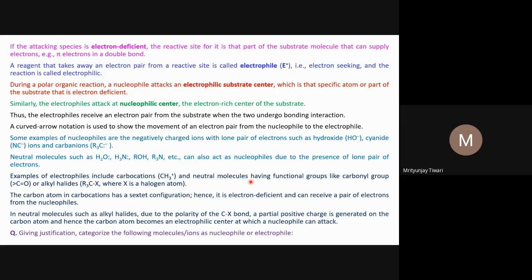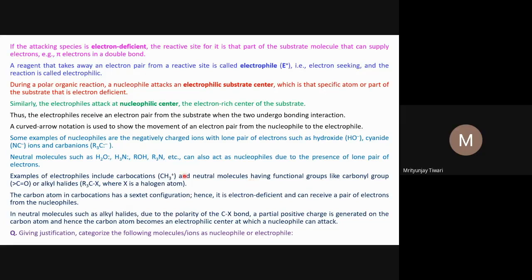There are also chemical species which have a complete octet on all the elements that are part of that species, but they still behave as electrophiles, and this electrophilic behavior is because of the polar nature of the bond.